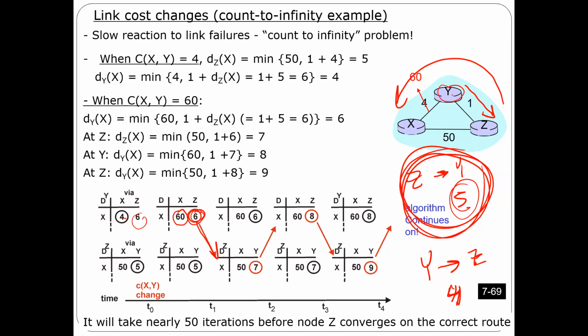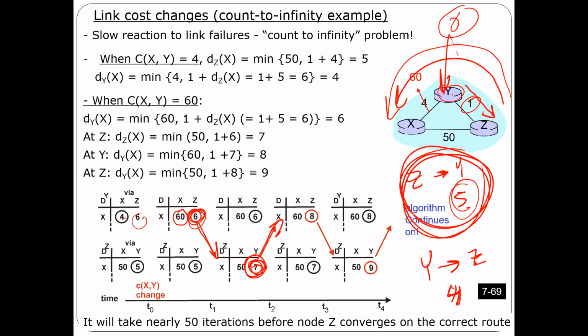And now, because z is using this one to reach x, I'm going to update this one. So now y is telling me the cost became 6, right? So to go to x through y, I have to add 1. That's what happened here.